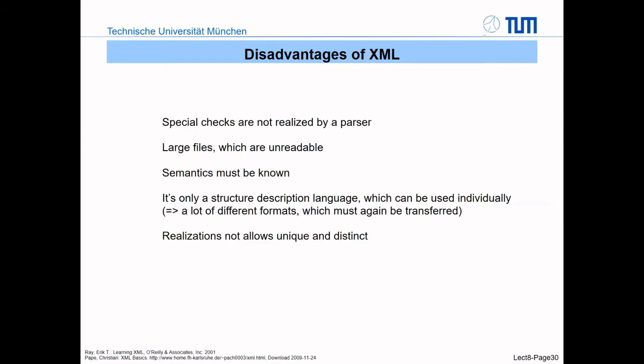And therefore, even if it is human readable, it is not really human readable. So you need again a parser. The problem with parsers is that not all parsers check everything, and that it is not possible to check really everything. So special checks are not always realized by parsers.